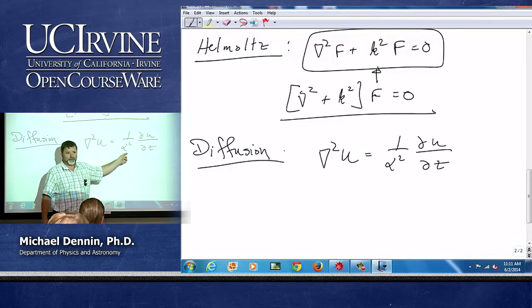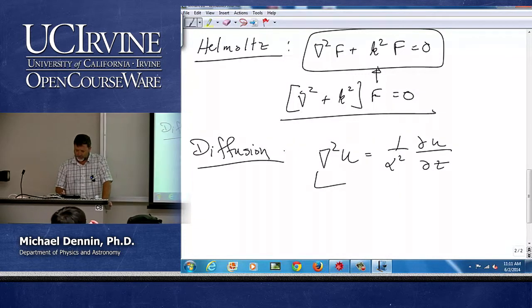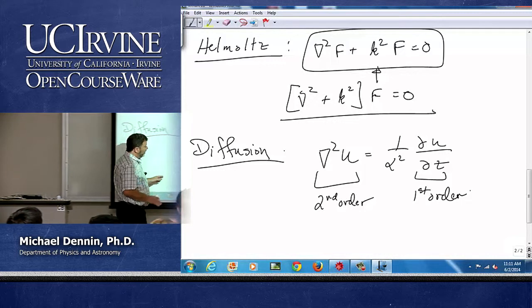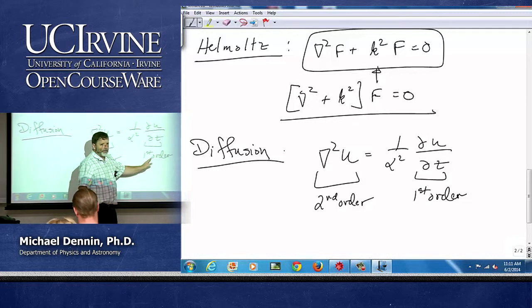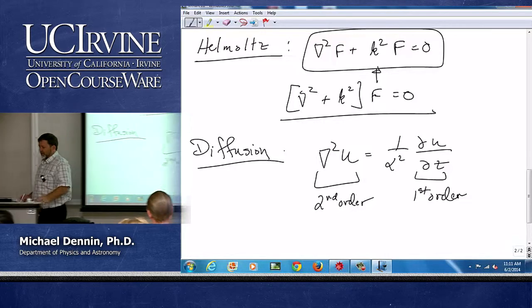The orders are different, and that's what makes it a diffusion equation. So it's second order in space and first order in time. That's the key piece. We're going to come back to that in a little bit in a different section to show that. But it's really this difference in how time and space evolve that leads to the diffusion behavior.